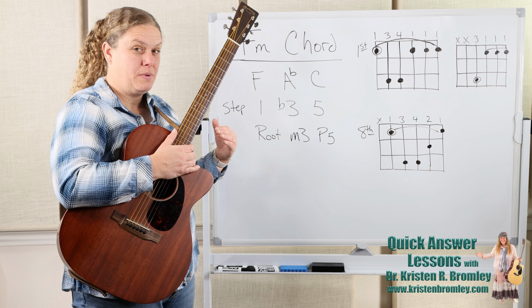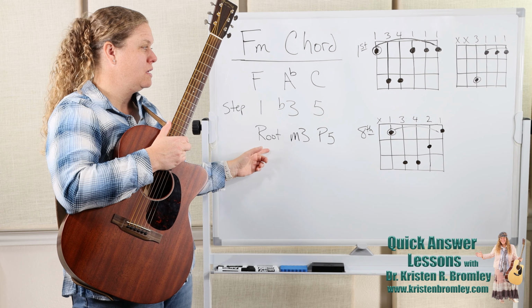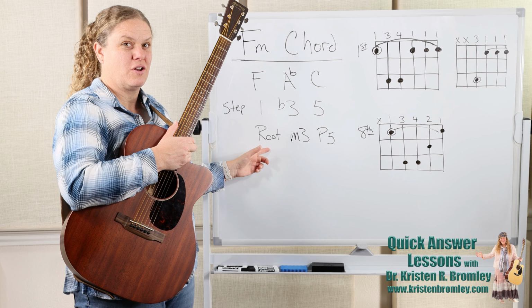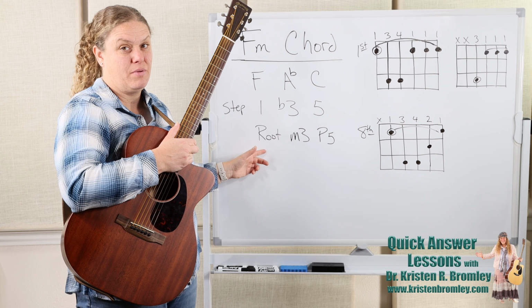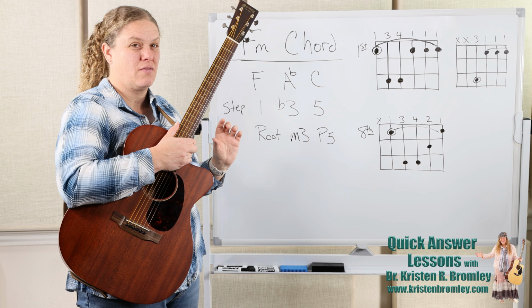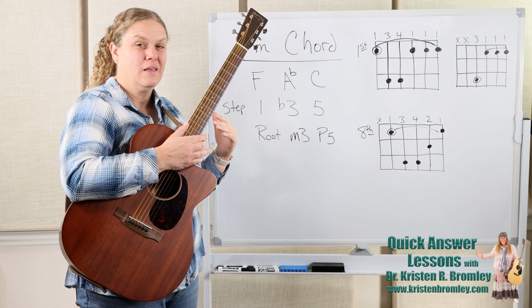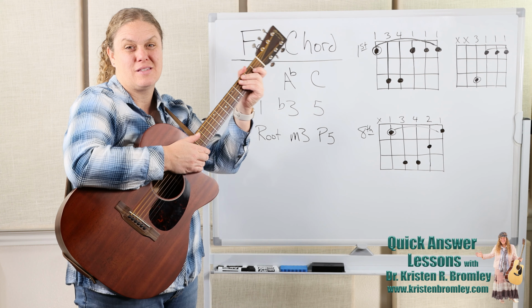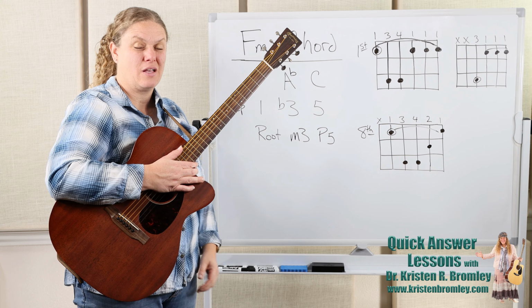Now, intervallically speaking, meaning the distance between pitches, F is the root, A flat is a minor third above the root, and C is a perfect fifth above the root. The root is the starting foundational pitch that everything is built on. The distance between the pitches is important because it's how we can name the types of sounds that we have.